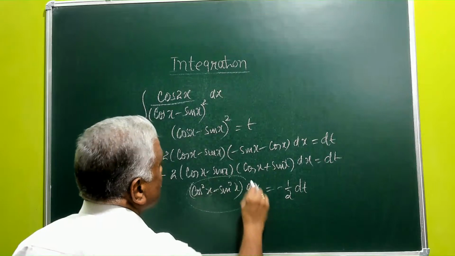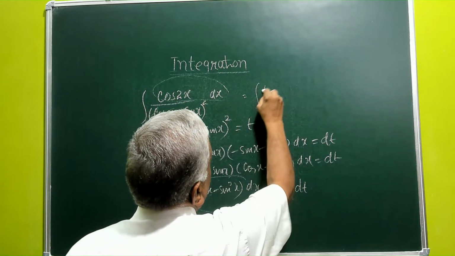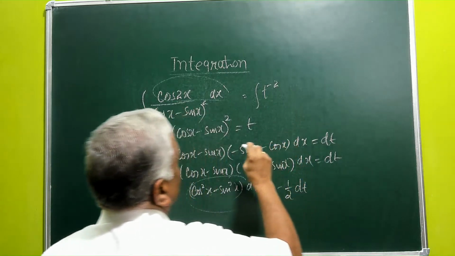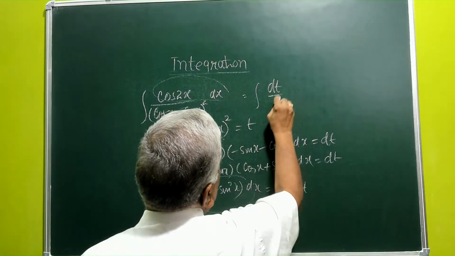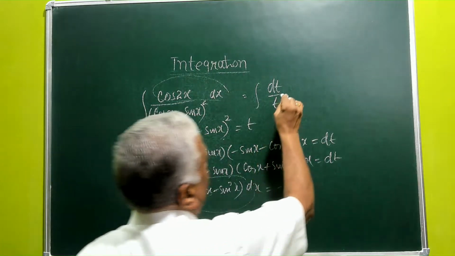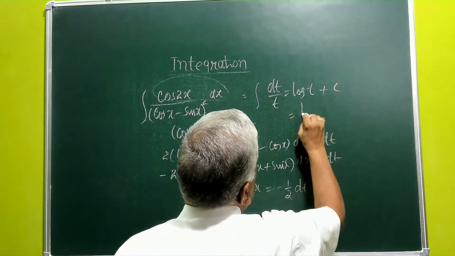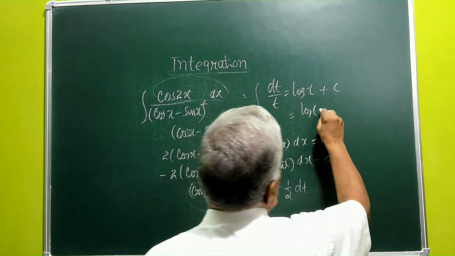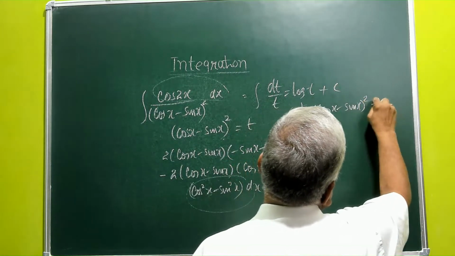This is cos square x. Therefore, this expression is going to be cos square x. This is t to the power of minus 2, no. This is dt by t only. dt by t. Because you are taking cos x minus sin x whole square as t. So this is log t plus c. That is log of cos x minus sin x whole square plus c.